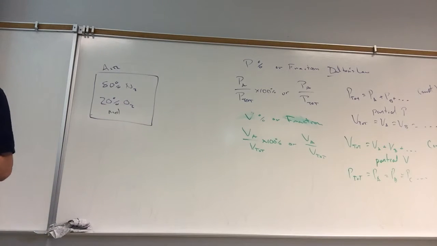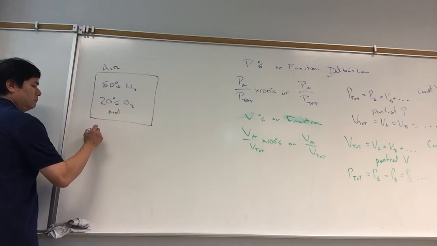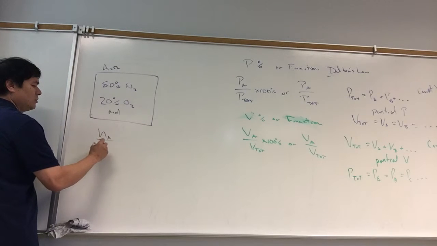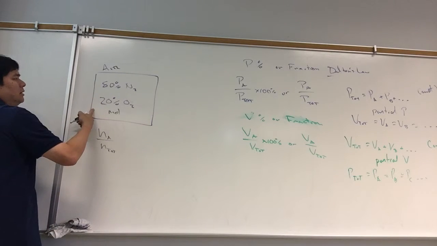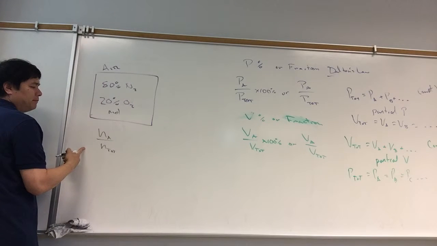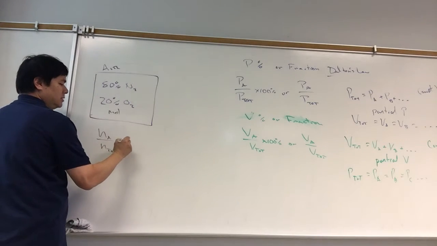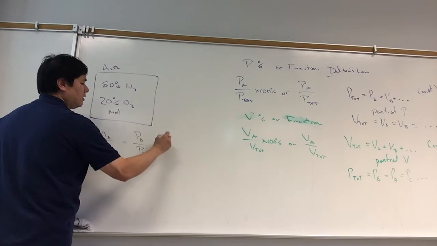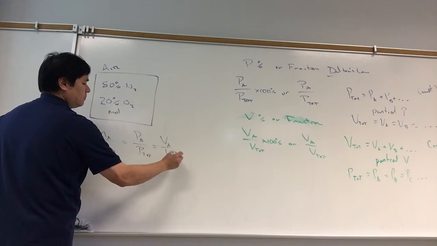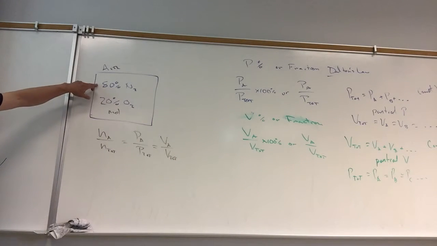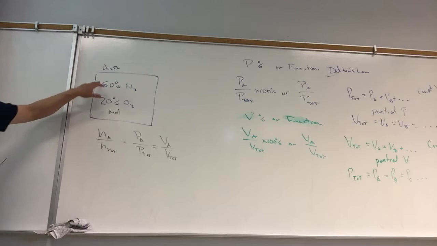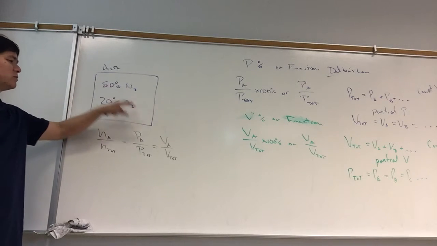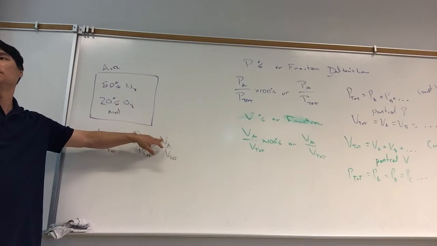Well, it turns out that the mole fraction, interestingly, Na over N total, the mole fraction is 2 out of 10, 8 out of 10, right? The mole fraction is equal to the pressure fraction, which is equal to the volume fraction. In other words, if this is 20% nitrogen by mole, then it's going to be 20% nitrogen by pressure and 20% nitrogen by volume.